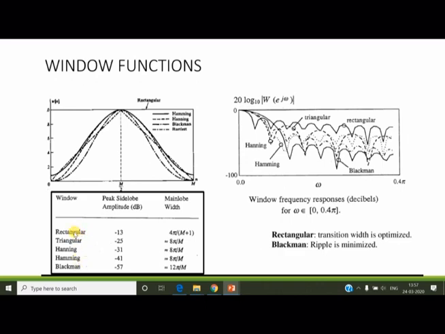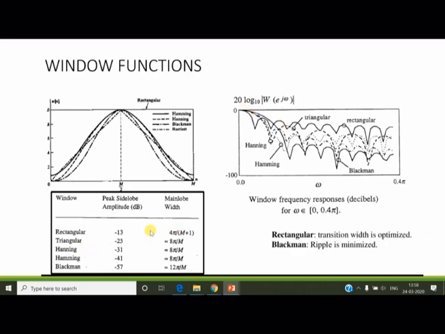For the rectangular window, the peak side lobe, that is the first side lobe, has a relative amplitude of minus 13 dB, counted from the peak value of 0. For the triangular window, it is 25 dB below 0 dB.